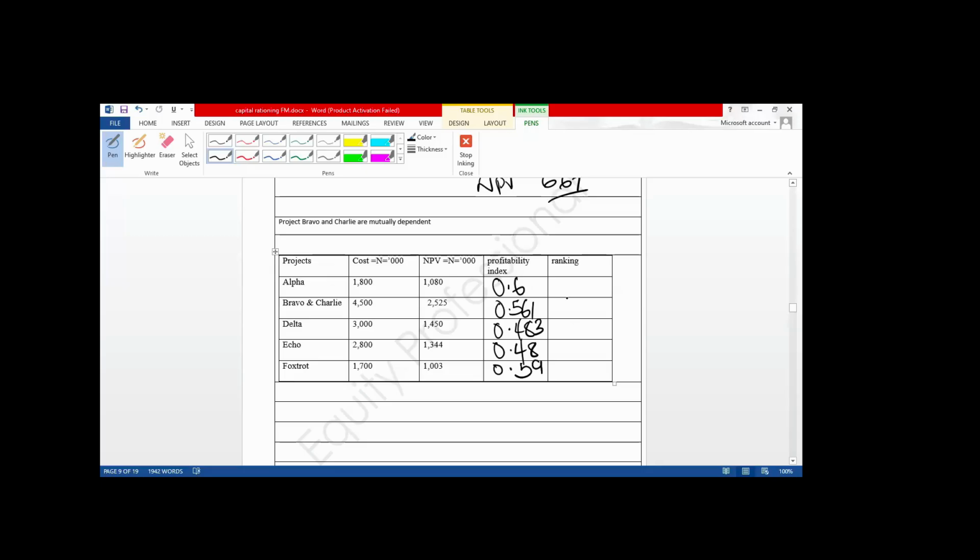Now do your ranking again. We have project Alpha first, followed by project Foxtrot, followed by Bravo and Charlie, followed by Delta, followed by Echo.